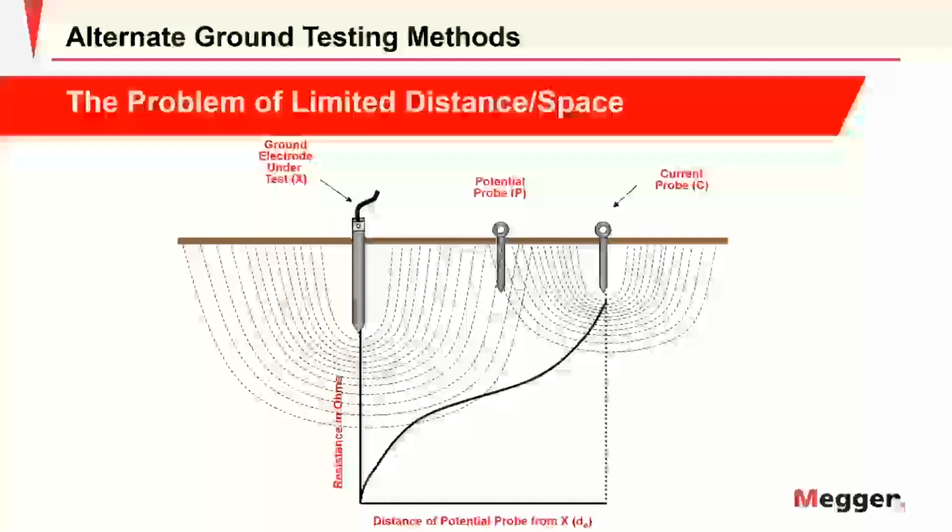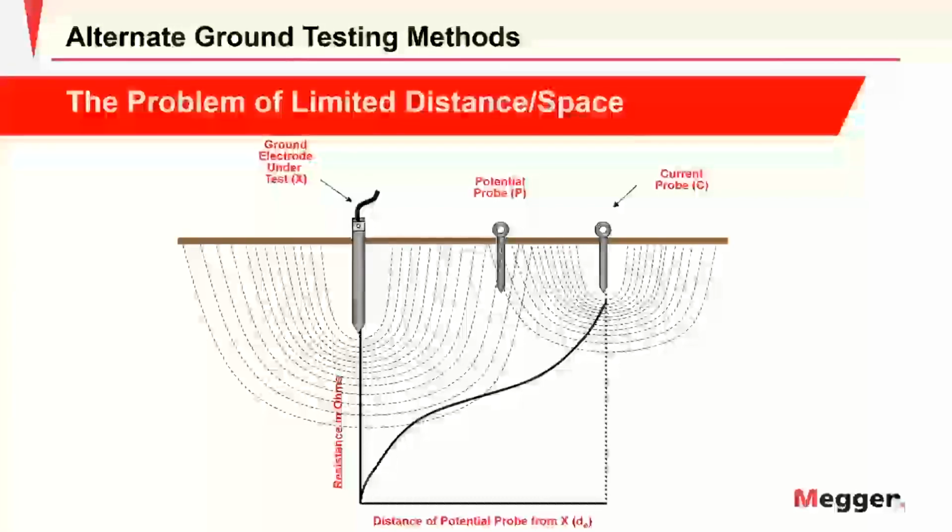And obviously you want that resistance to be as low as possible so that your fault current can get safely into the ground and it's not up in your electrical system doing damage.